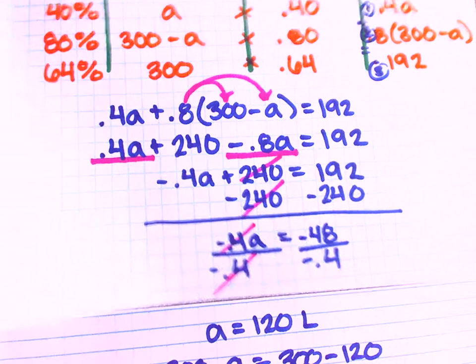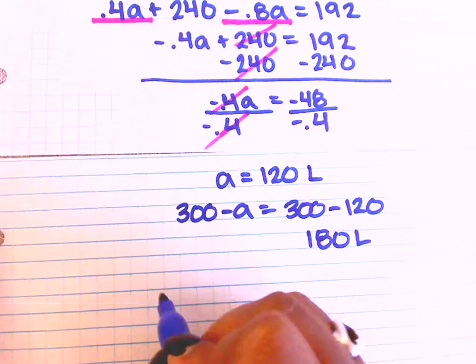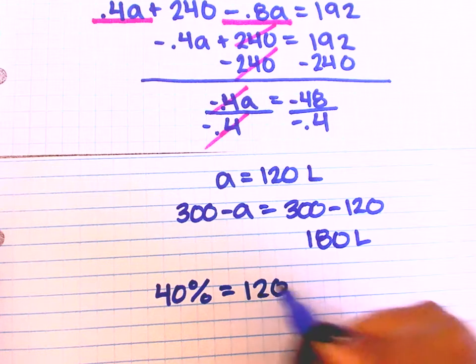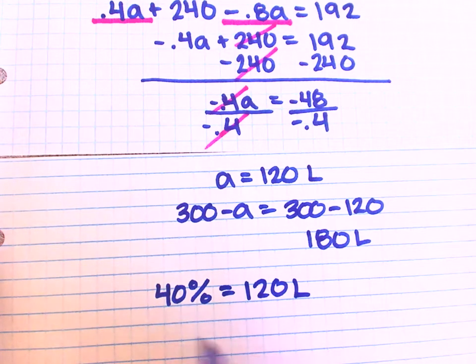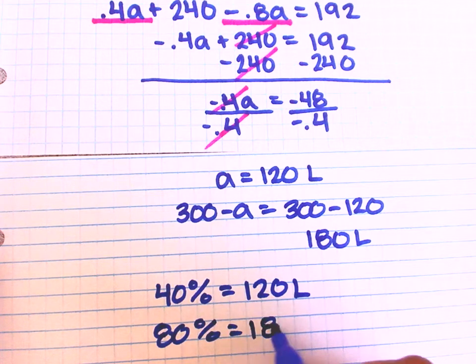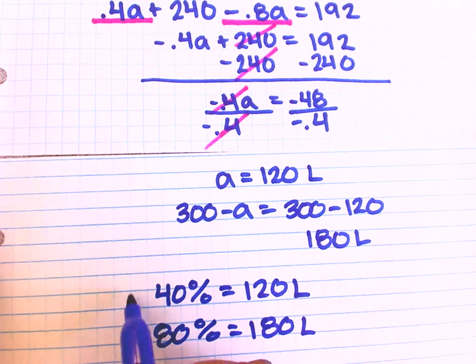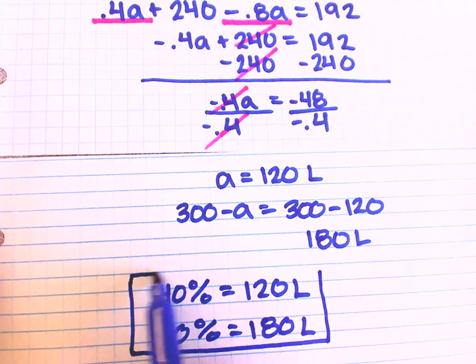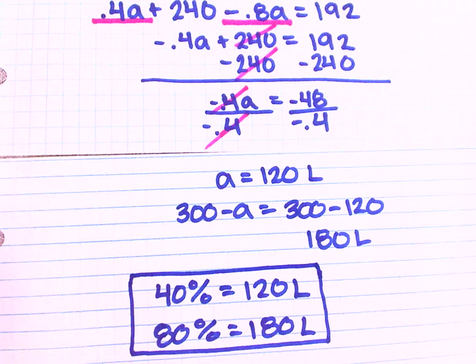So our final answer is going to be, of the 40% liquid, we need 120 liters. And of the 80% liquid, we need 180 liters. When we do that, we will have a 64% bottle with 300 liters inside.